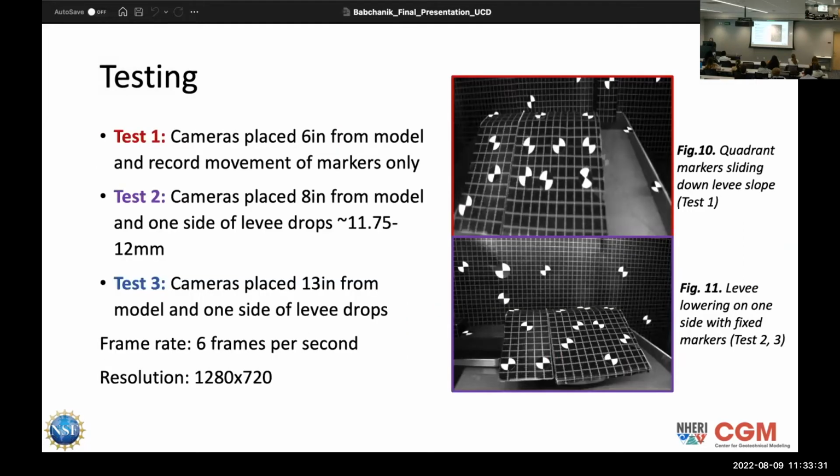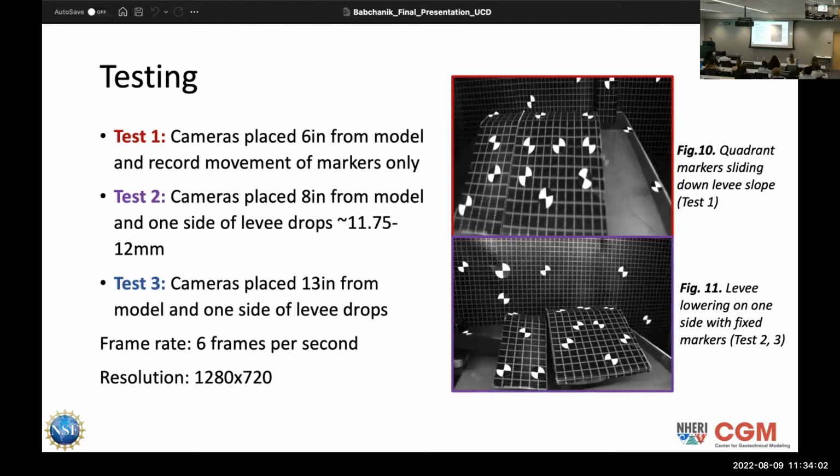And so I did 3 tests, essentially to see what the software could do for a slanted object. Test 1 was 6 inches away from the 3D levee, and I only moved the quadrant markers, as shown in the video, with a string that was attached to them. And then test 2 and 3, I lowered the smaller side of the levee around 11.88 millimeters. And I decided on average, because when I was hand measuring, it was about 11.75 to 12.